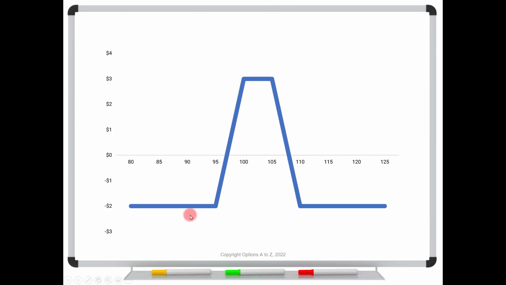So in the case of a condor, synthetically this is the same as a wider strike long strangle, the 95-110, combined with a short strangle, the 100-105. So if the implied volatility on the short strangle were greater than that of the long, that would be a good reason for using this condor.